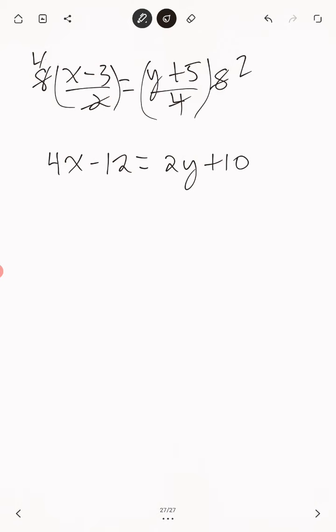And to get it in standard form, or what we now call scalar form, scalar equation, then I'll bring all of the terms onto the left side and keep it in order of the x term plus or minus the y term plus or minus the constant term.